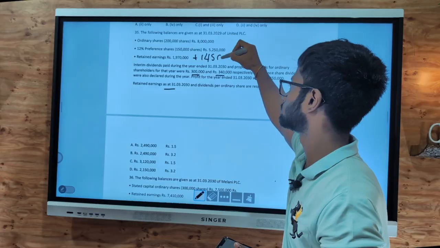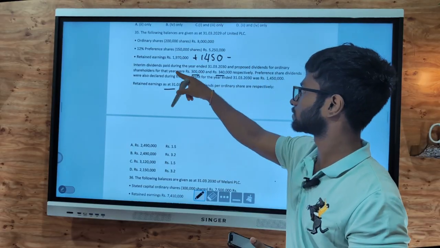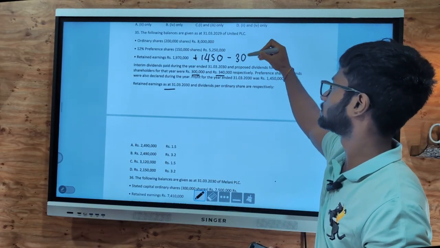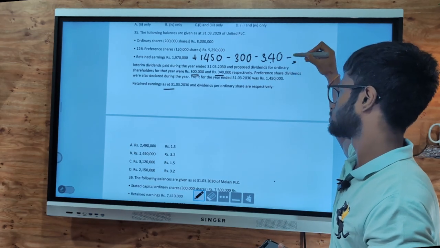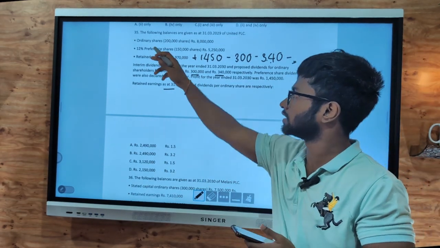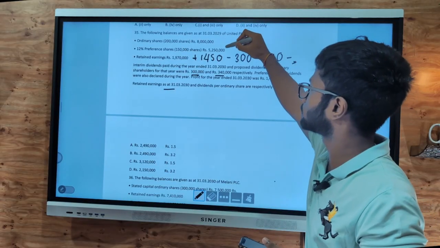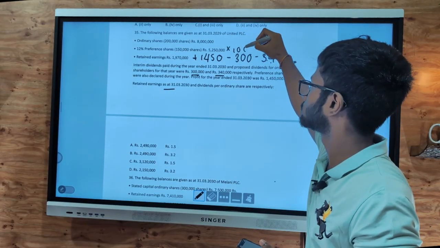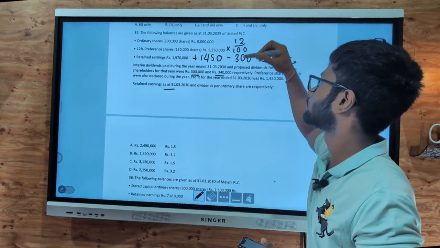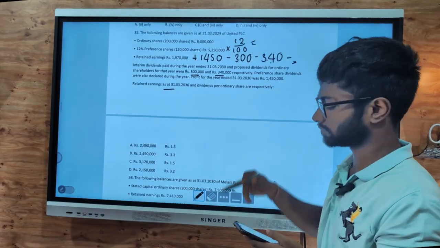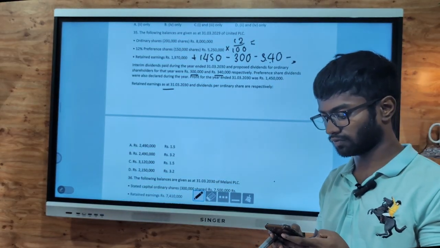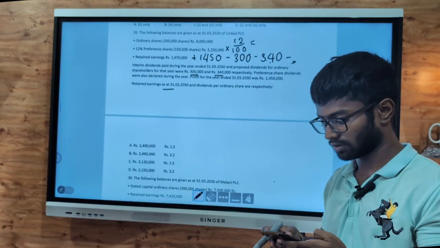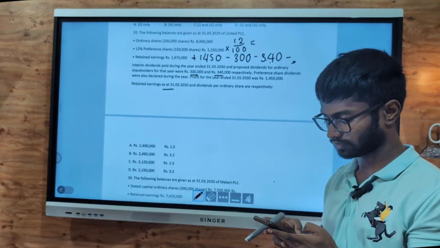1,450. And dividends you deduct, which is 300 and 340. And also we have to deduct the preference share dividend, which is 12% of this value. So you get 12% of 5,250. 5,250 divided by 100 into 12%.